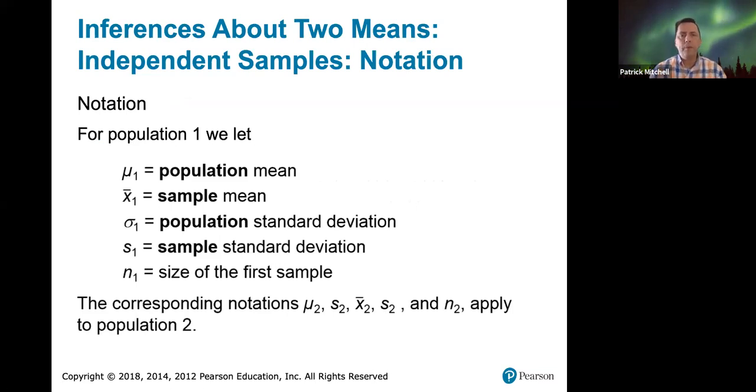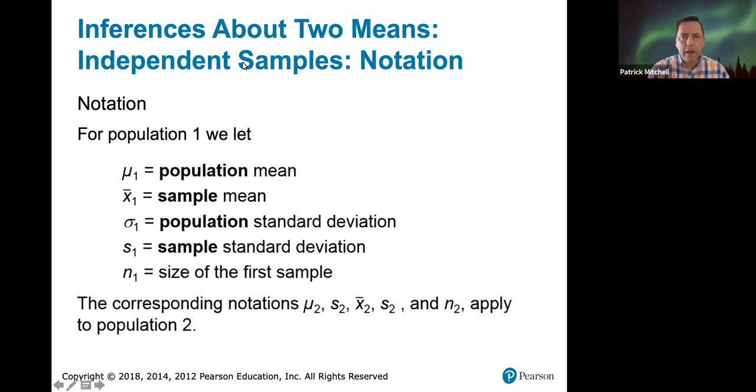So the notation we'll be using for population 1, mu sub 1 will be the population mean, x bar sub 1 will be the sample mean, sigma sub 1 will be the population standard deviation, S sub 1 will be the sample standard deviation, and n sub 1 will be the size of the first sample.